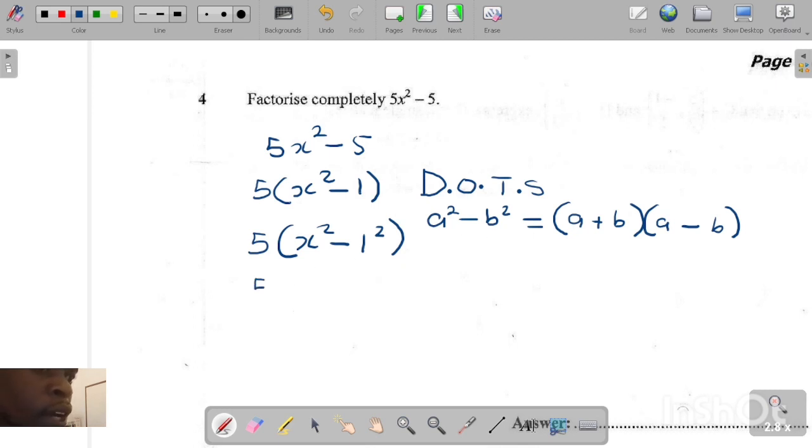So we're going to have 5, then plus, minus. The square root of x squared is x, you also write it here. The square root of 1 is 1, you also write it here.